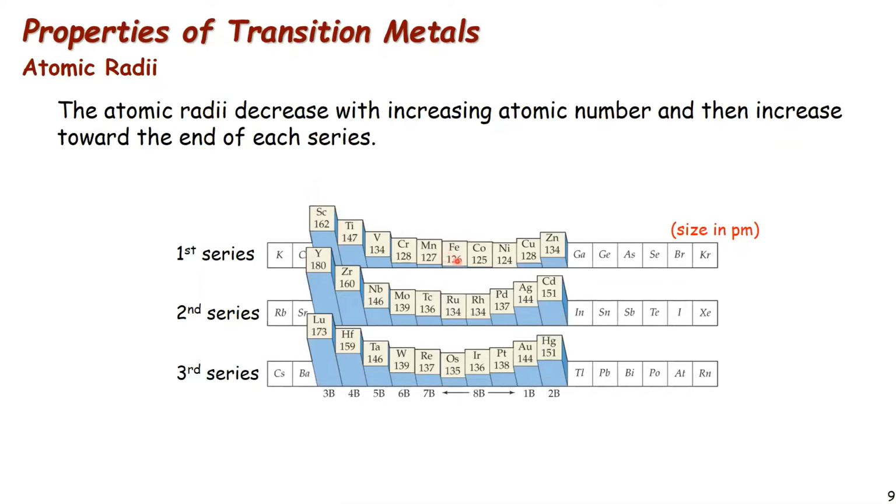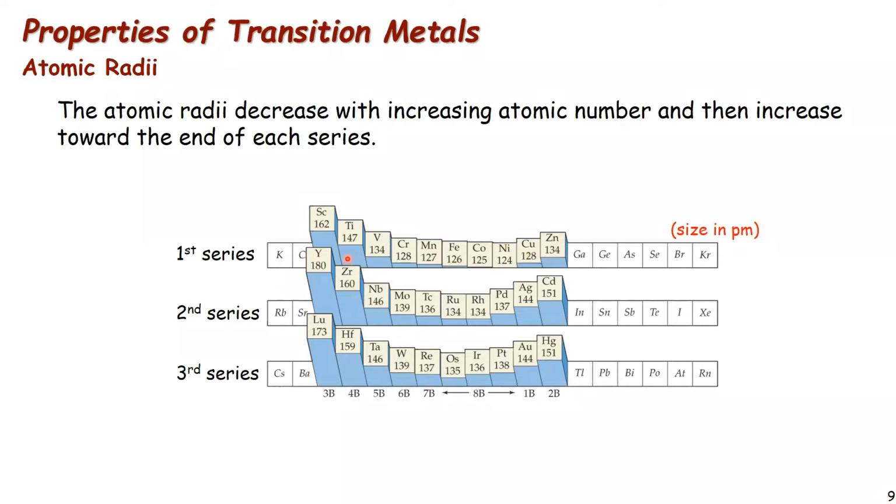As the valence electrons see a more and more positive nucleus, well, the negative is attracted to the positive, and so they contract. They get smaller and smaller because the positive charge of the nucleus is increasing. But then towards the end, there are just so many electrons that they start to repel one another.